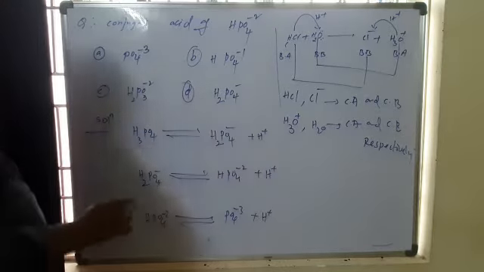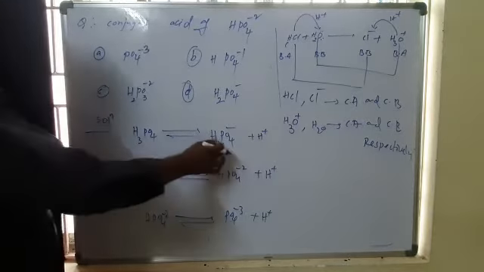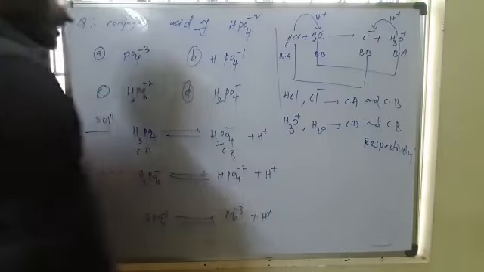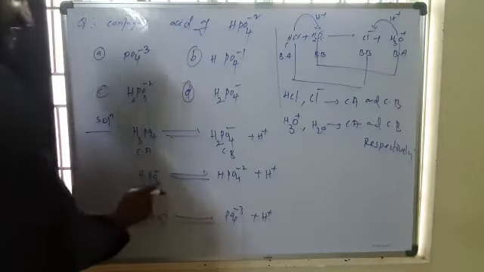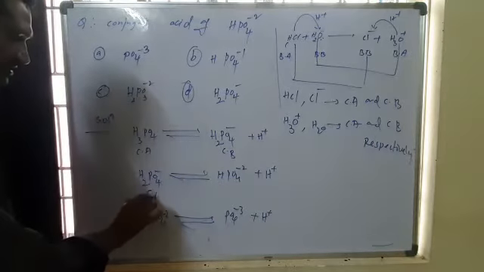Between the first two species, this one has one H plus more than the other, so this is the conjugate acid and that is the conjugate base. Between the next two species, this one has one proton more, so again it is the conjugate acid.